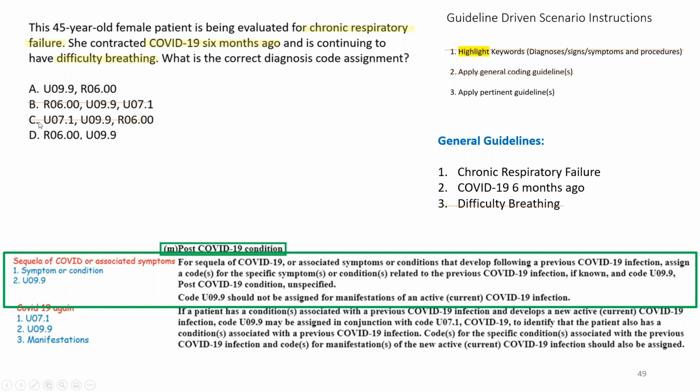And C is wrong because the patient does not have COVID. And that leaves us with A and D. And D is the one that's sequencing correctly according to the guidance. So A is incorrect and D is our answer. So that says that chronic respiratory failure is our first listed code.